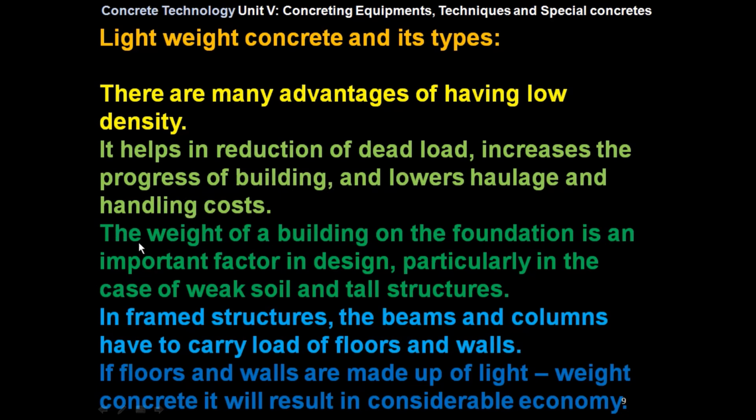The weight of a building on a foundation is an important factor in design, particularly in the case of weak soil and tall structures. In frame structures, the beams and columns have to carry load of floors and walls. If floors and walls are made up of lightweight concrete, it will result in considerable economy.